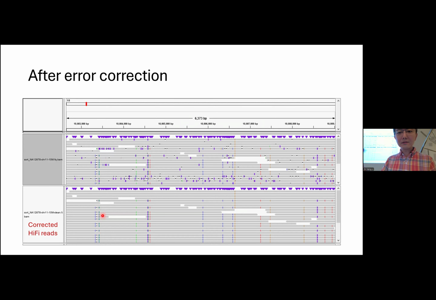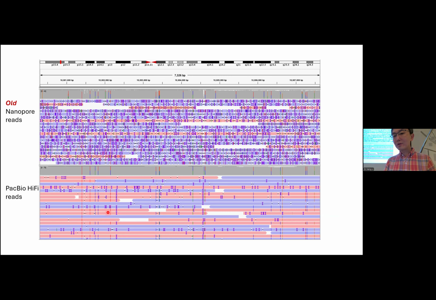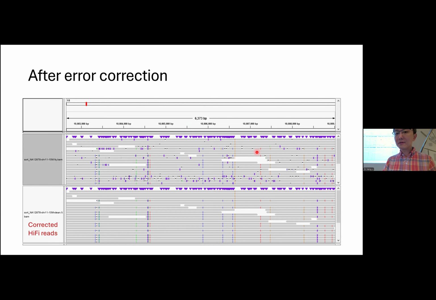With this information, you can do error correction. With the old Nanopore data, it's very difficult to do; even the human eye can't tell. But with the latest HiFi data, it becomes much easier. You can detect the remaining errors and correct away over 99% of errors. You get very clean data.